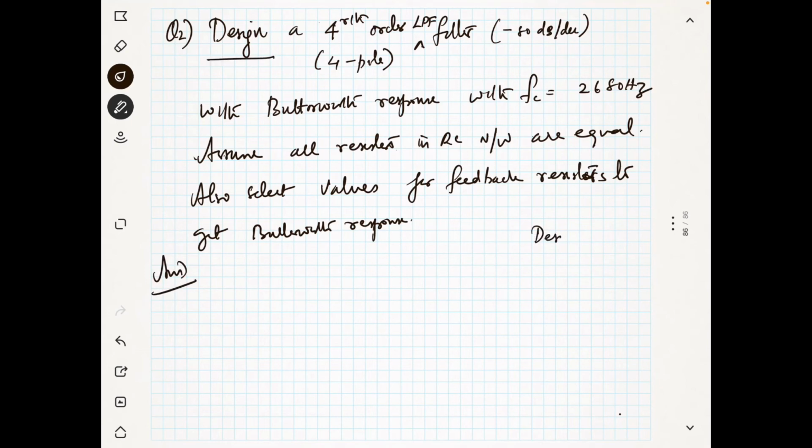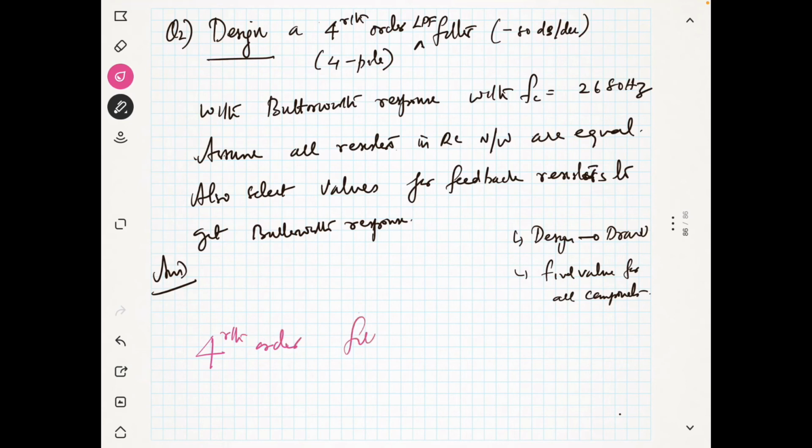For a design problem, you have to draw the circuit first, then find values. These are the 2 steps: find values for all components. So I will first draw the circuit diagram. You know that it is a 4th order filter with a roll off rate of minus 80 dB per decade, because it's a 4th order.